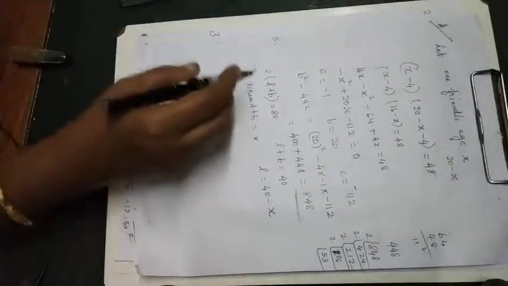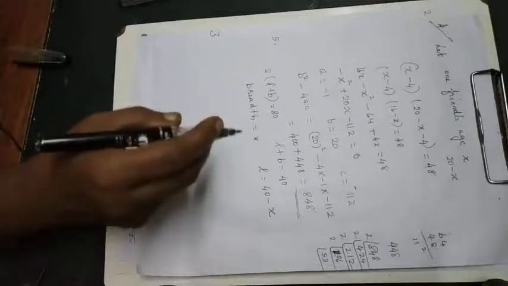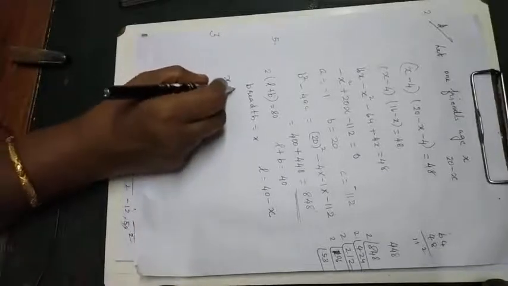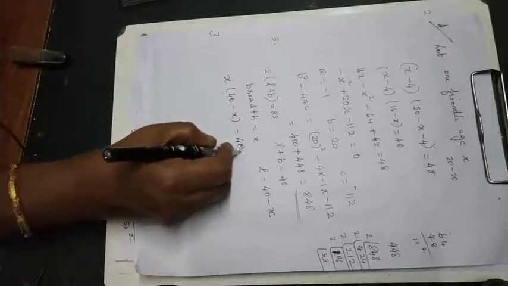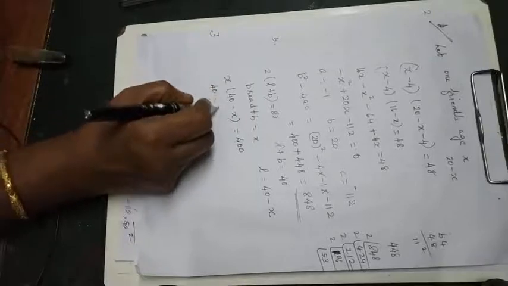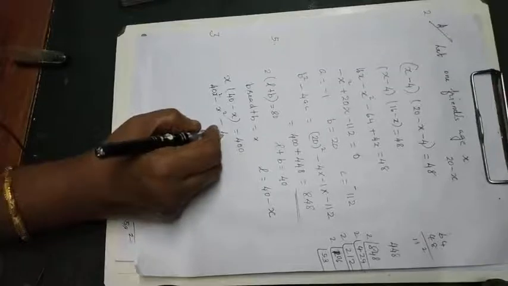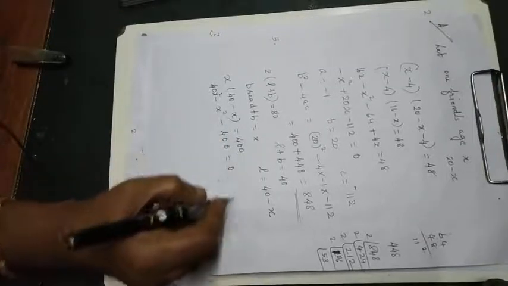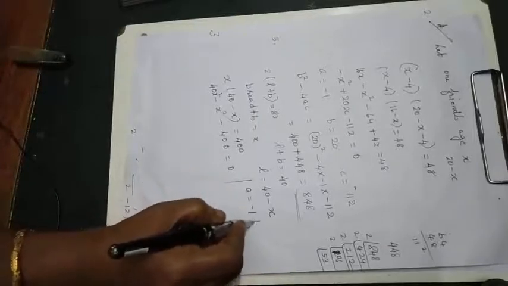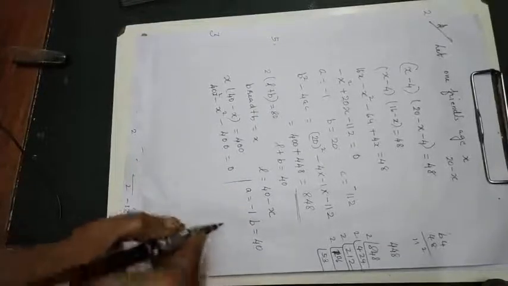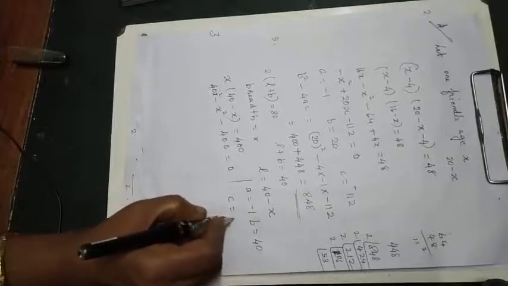Now area is given 400, that is length into breadth equal to 400. So x into 40 minus x is equal to 400, or 40x minus x square minus 400 is equal to 0. So here a is equal to negative 1, b equal to positive 40, c equal to negative 400.